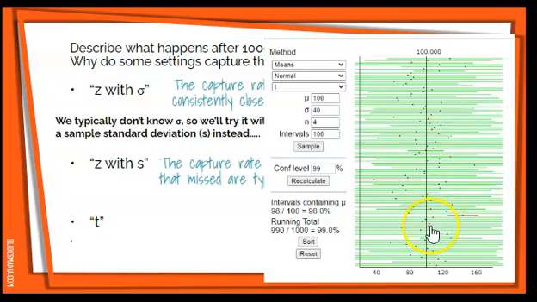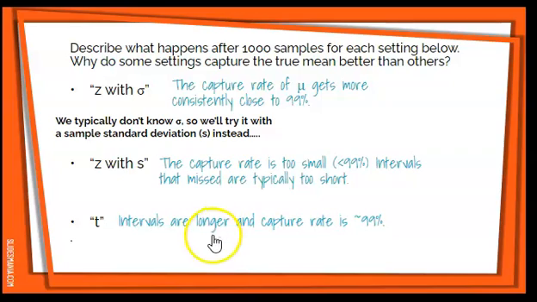It's way more accurately what I want. So T intervals are longer and the capture rate is 99%, which is what I wanted. Now, why do I bring this up? Because when we switch to means using averages, we have to switch gears, and instead of using a Z value, we use a T value. So let's look at what the T distribution really is.